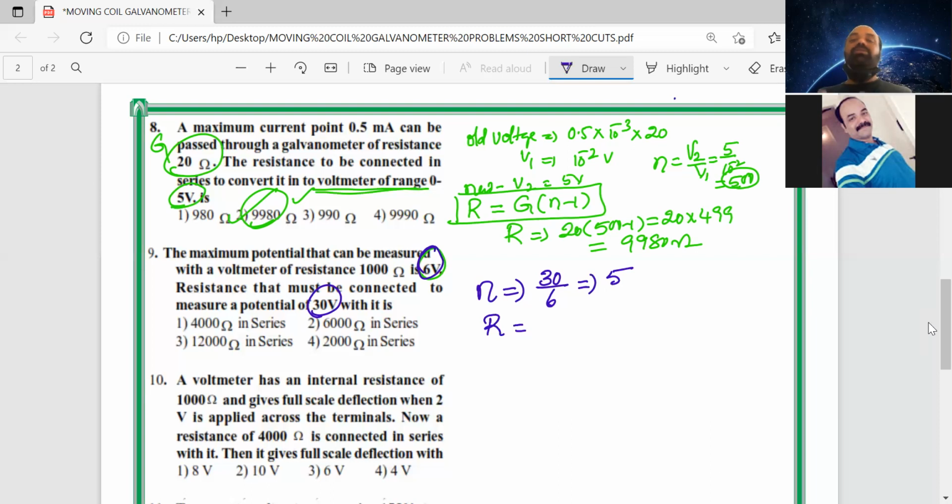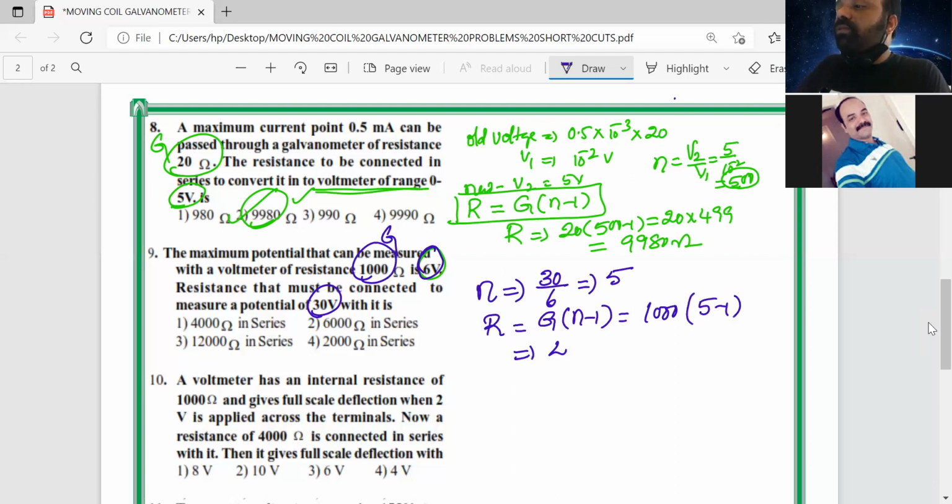So R is equal to G into n minus 1. G value is given as 1000. So 1000 into 5 minus 1 becomes 4000 ohms. In series, option 1 is the correct answer guys.